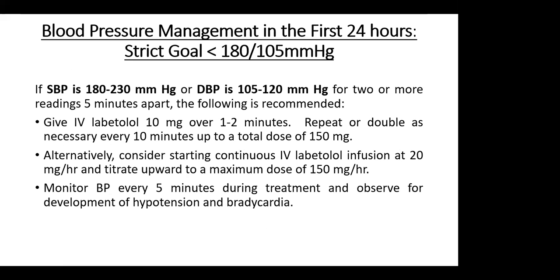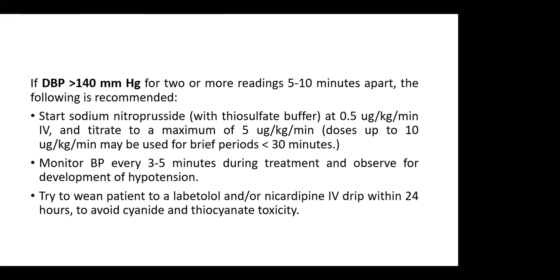If the blood pressure is not within the range that we target, we can give boluses of labetalol, and if it's not controlled with boluses, we can give an infusion of labetalol to ensure that the blood pressure is within the target range. As per usual, monitor for complications of labetalol like hypotension and bradycardia. Basically, just ensure the blood pressure is lesser than 180 by 105. If labetalol is not enough, we can add on sodium nitroprusside. And as usual, monitor the BP every 3 to 5 minutes and titrate accordingly.